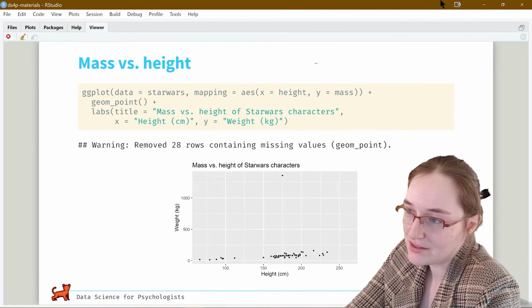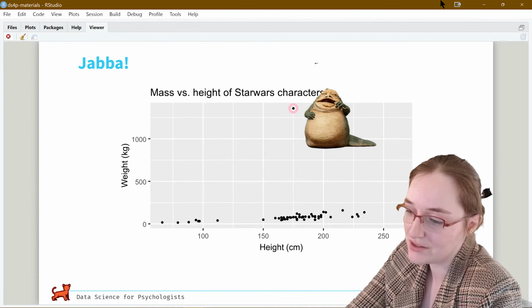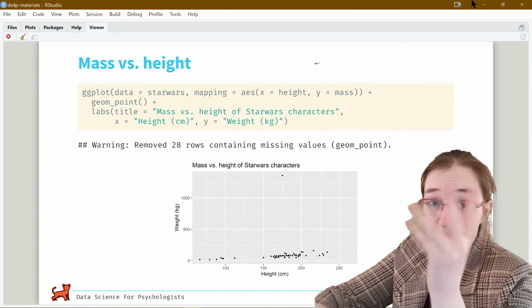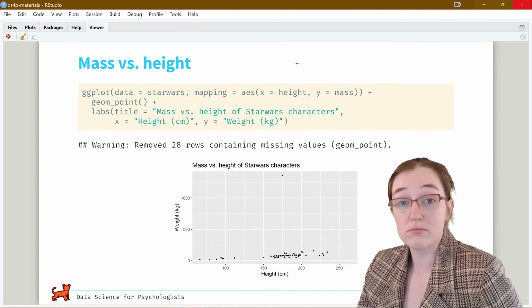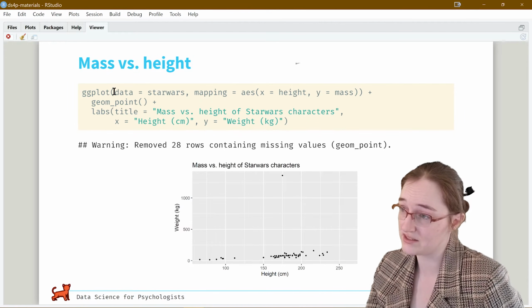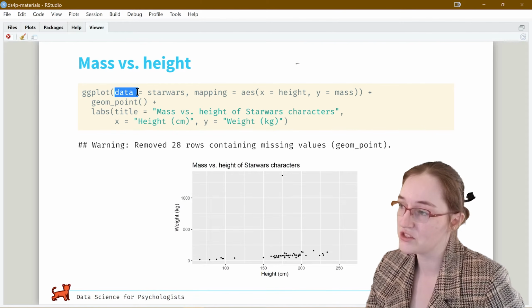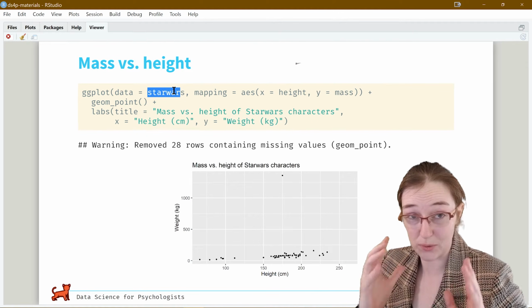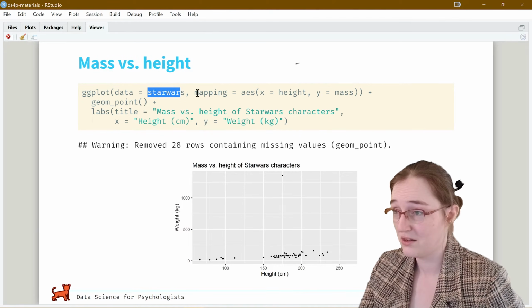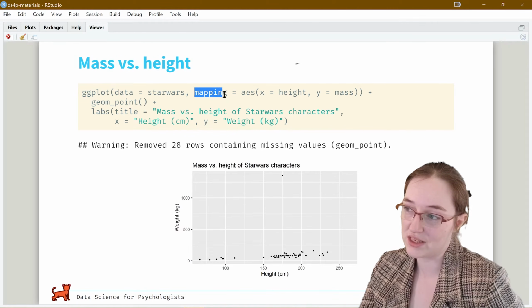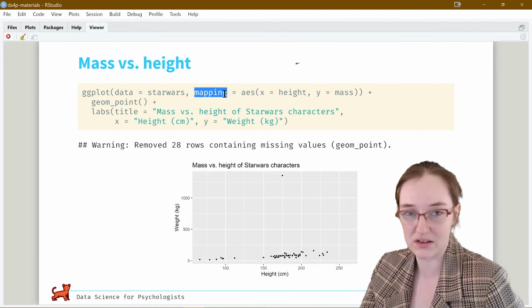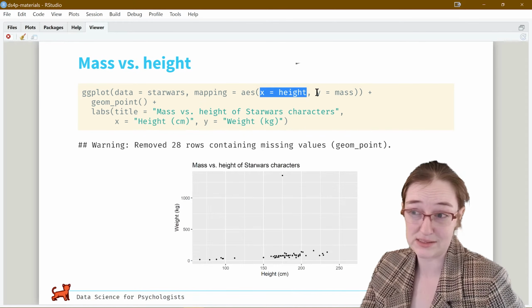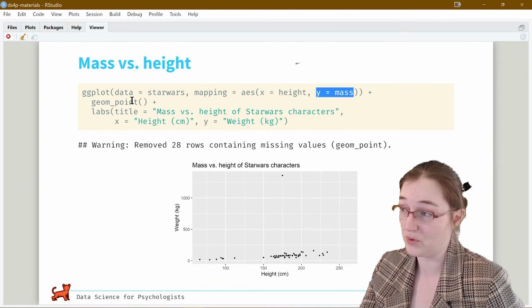So let's actually plot these. So here's the code. Ta-da! We've assigned our data set, so data equals Star Wars, so that we're working with the Star Wars data set. We're mapping it. The key variables we want to play with are height on the x-axis and mass on the y-axis.